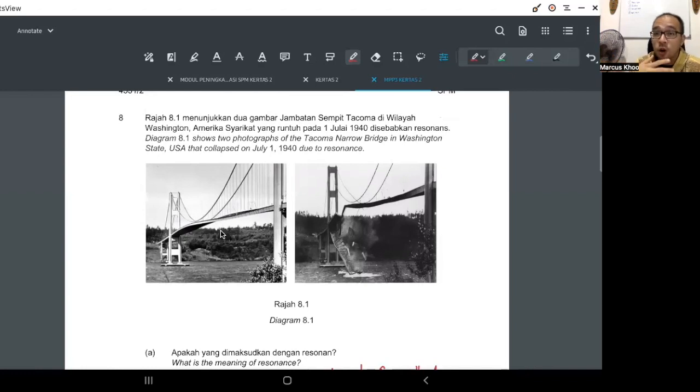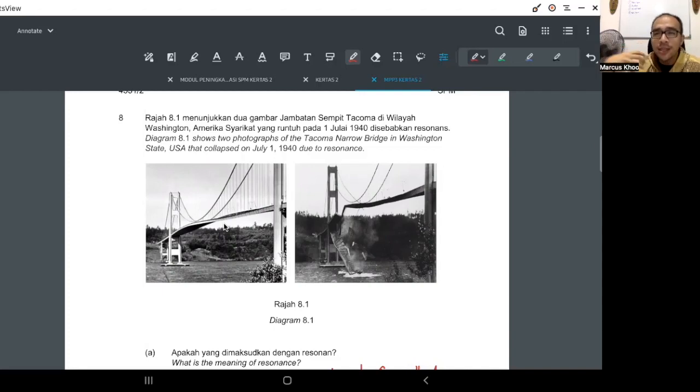and there was a very strong wind that was blowing. And it just so happens that the frequency of the wind was the same as the natural frequency of the bridge.